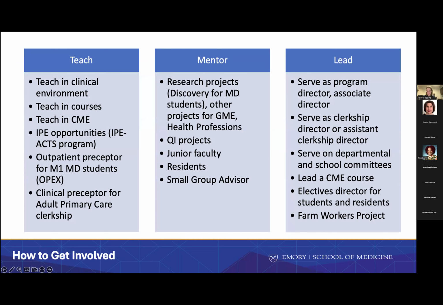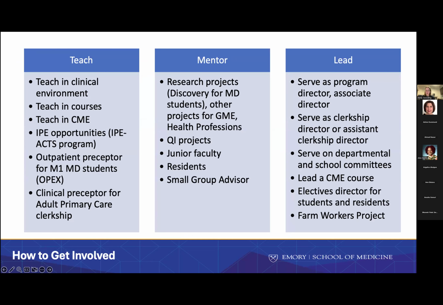So many of you are already teaching. I'd love to see all of the ways that you all are already teaching in the clinical environment and in courses. Lots of opportunities to offer CME as well, opportunities to precept in the outpatient environment. For those of you who are also researchers, there are lots of opportunities to mentor our students in research projects.